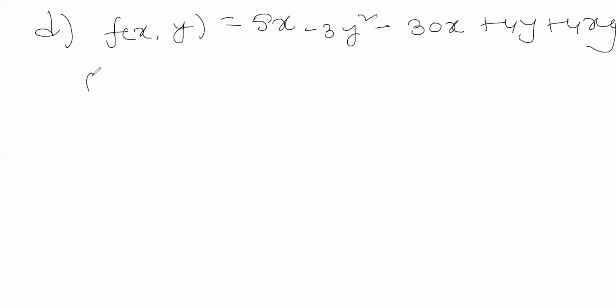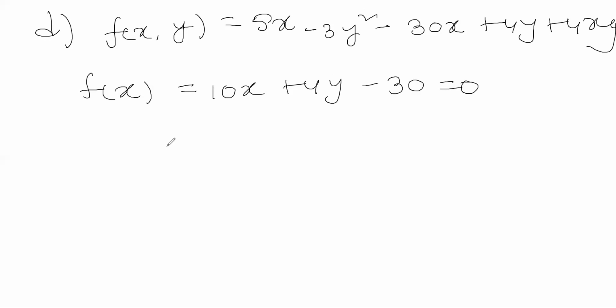So we get f of x, which is the first order derivative, 10x plus 4y minus 30, set it equal to 0. So we get 10x plus 4y is equal to 30, equation number 1.